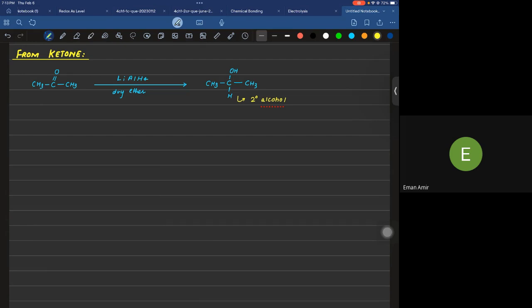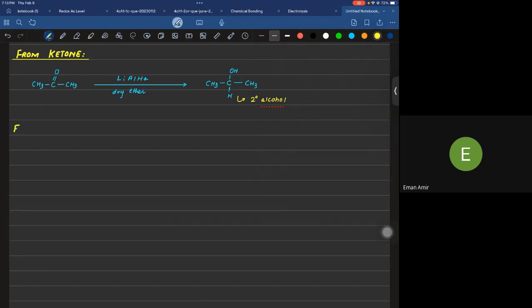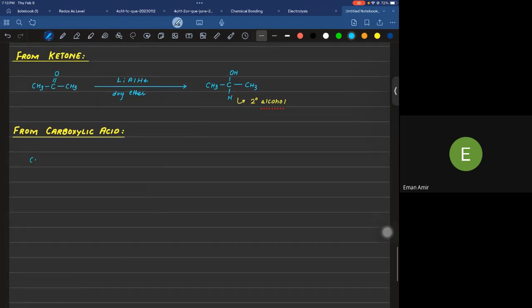We can also reduce carboxylic acid into alcohol. From carboxylic acid, let's suppose I have ethanoic acid, that is CH3, C double bond O, and OH.